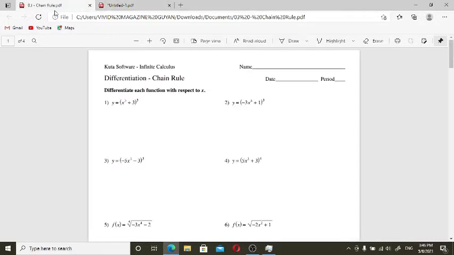So 5 is f of x. Alright, so I'll have to show you some, or just highlight something before I actually continue. f of x is equal to the fourth root of (minus 3x to the fourth minus 2). Now, even though I actually work these problems, I always do this whenever I start working with roots.